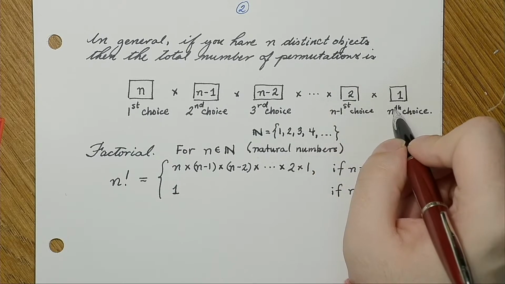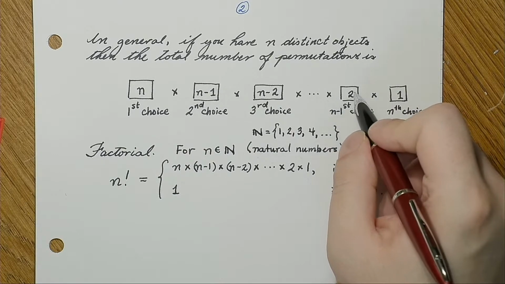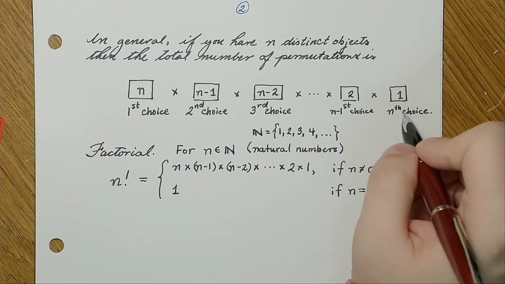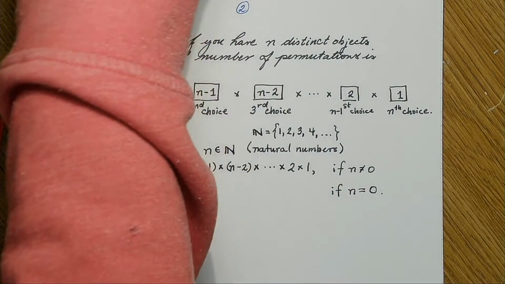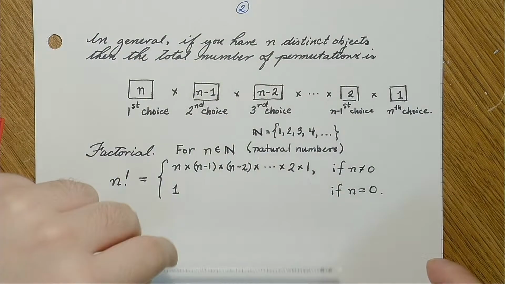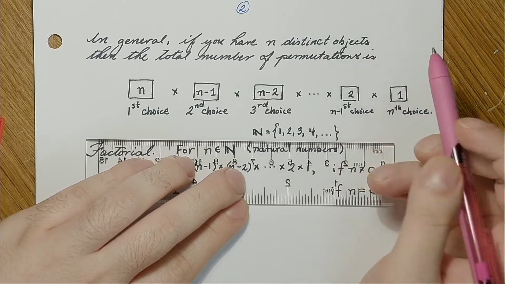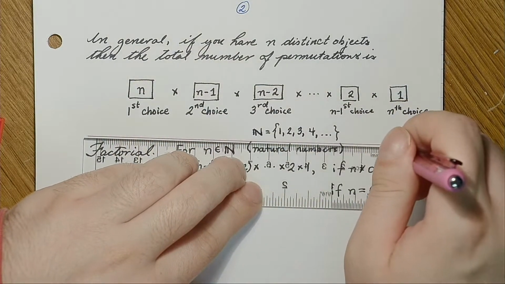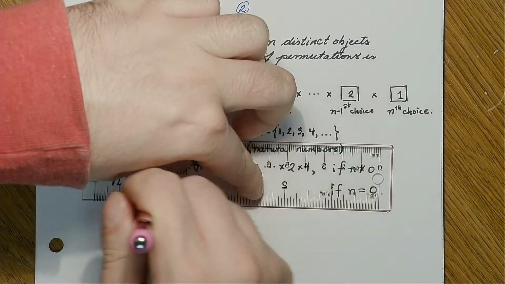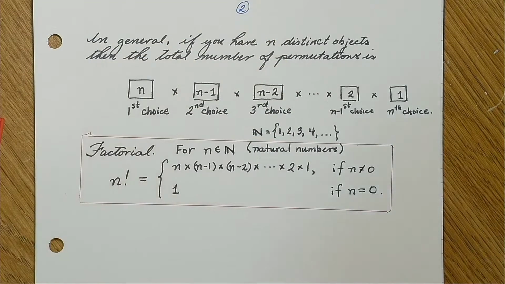No, the nth choice is 1, right through there. So the n minus 1 is 2, and the nth choice is 1. This is important enough that I'll put a little box around it.